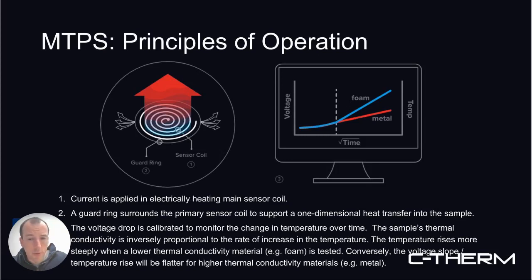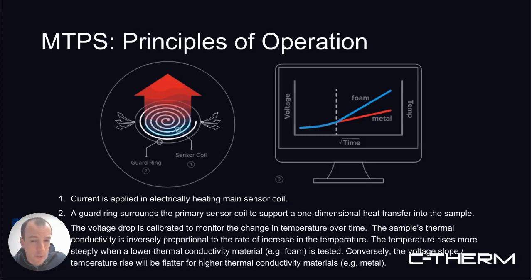And those are comprised of two separate circuits. Both are electrically heated. The coil is heated electrically, and the circle that goes around it is heated electrically as well. The middle coil is the active sensor. So at the same time as we're heating it, we're monitoring the temperature change over time on that inner coil.